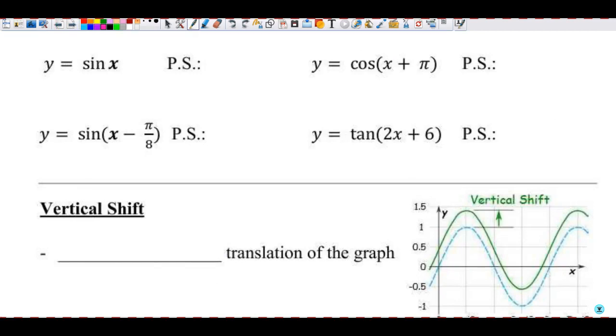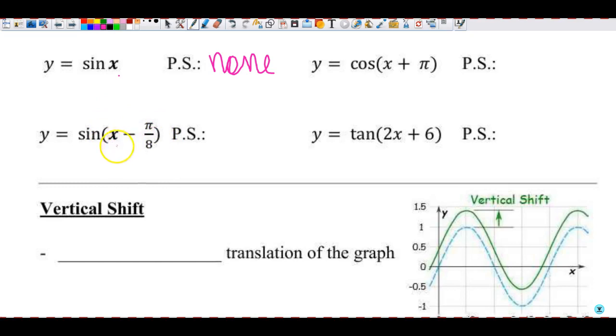All right, so here, remember the horizontal shift is whatever is being added or subtracted to the x, and there's nothing happening here. So your phase shift on that one is just none. Here, this is x minus c. There's no b in here.